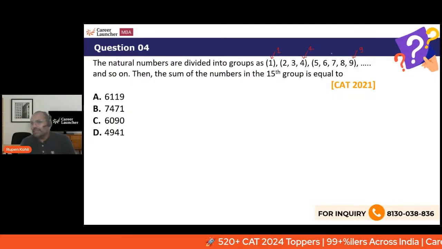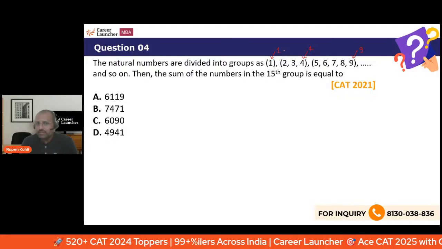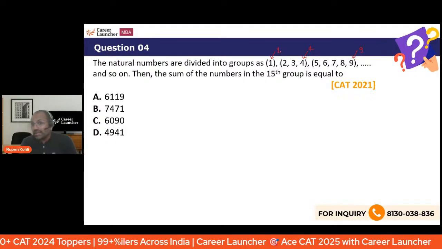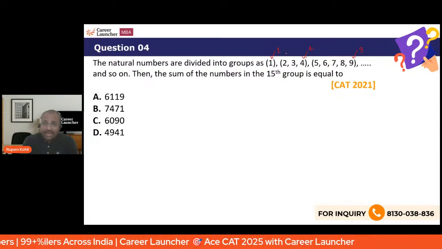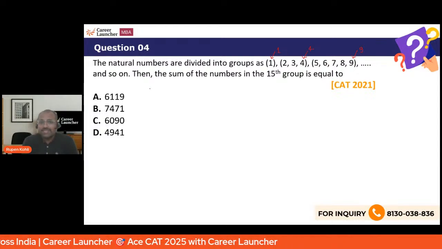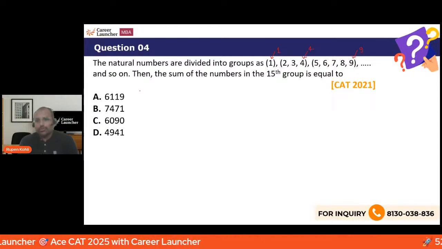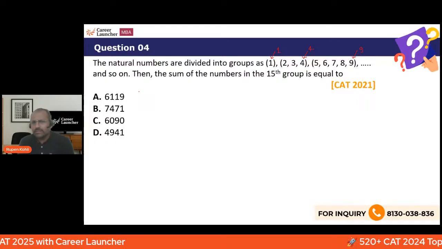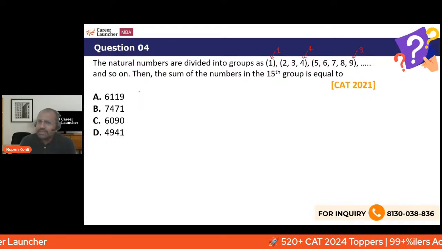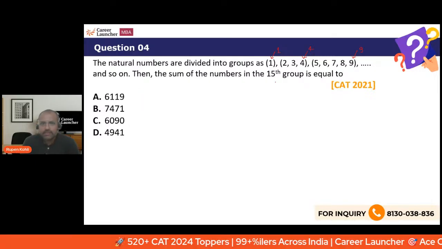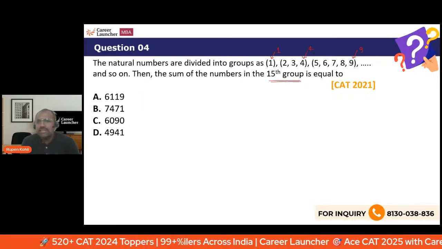So it's very clear and obvious, since the sum of the first n odd natural numbers is n square, the nth group in this case is ending with n square. That is the only thing that you need to catch, and then the answer is a simple cakewalk, right?